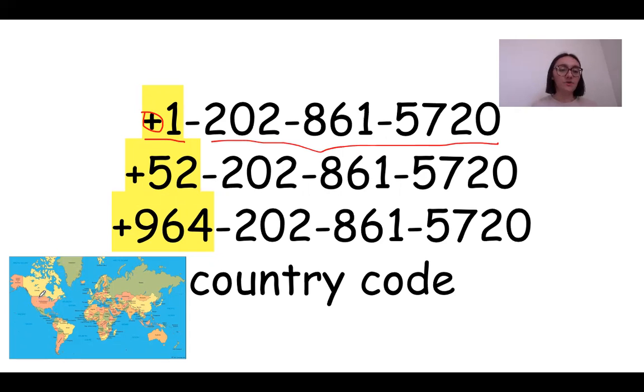So you can be in the US or Canada, and if somebody you wanted to talk to was in the US, but you were in Brazil, you would need to dial 1 before their phone number. And it's the same with all the other countries.